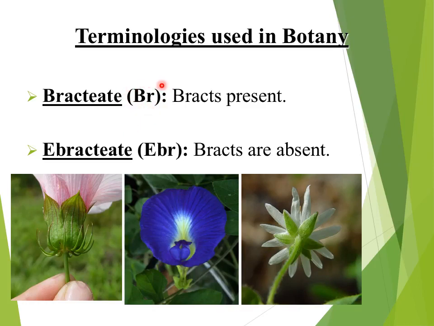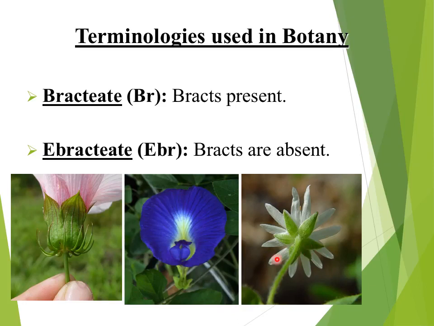The first one has a star shape, white corolla, and a green colored calyx. The flower is pedicellate because the pedicel or the stalk of the flower is present. Now this flower is ebracteate. Bracts are not present, only the calyx and corolla are present.